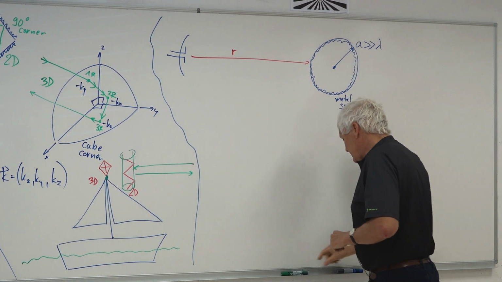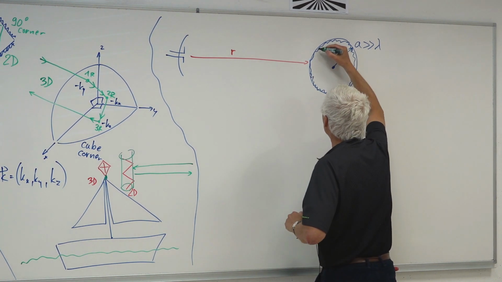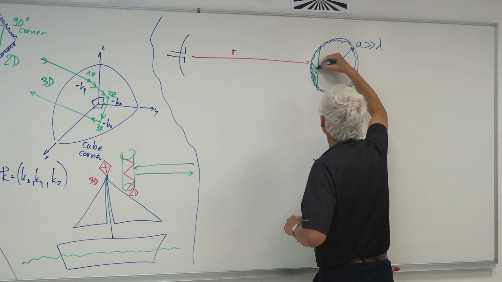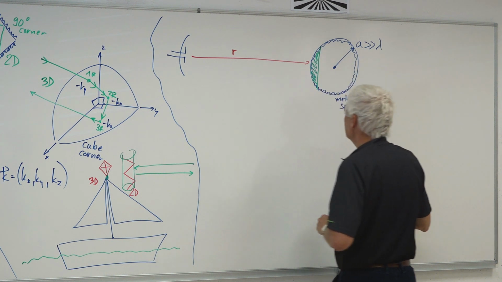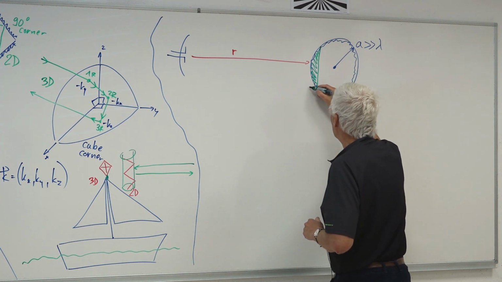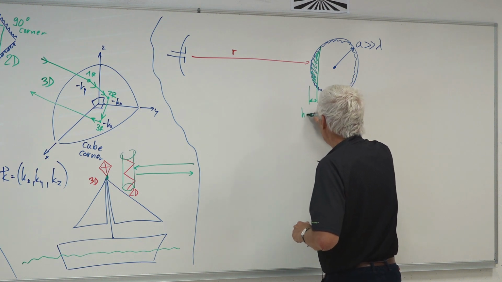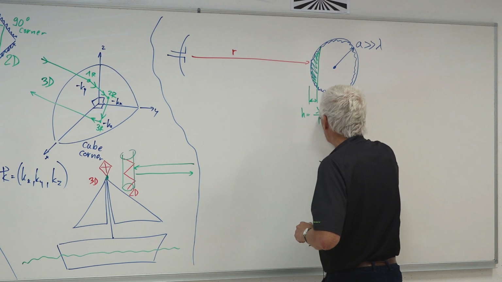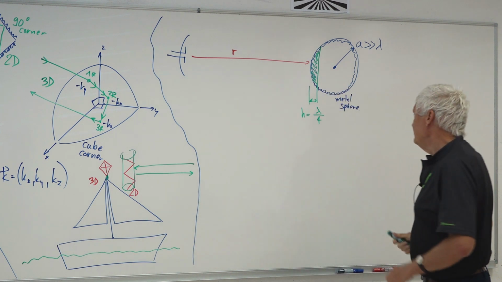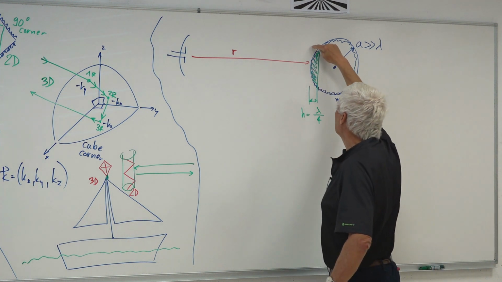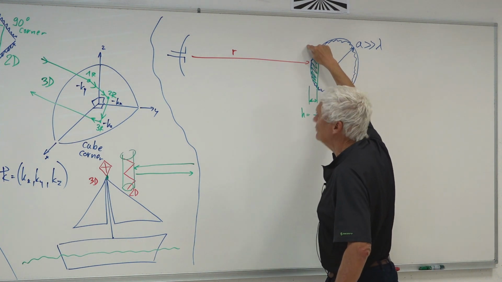And how large will the first Fresnel zone be? If I draw it here, the first Fresnel zone will have a height h equal to lambda over four, a quarter wavelength. Because in this way, I have a quarter wavelength more path going and a quarter wavelength coming back.